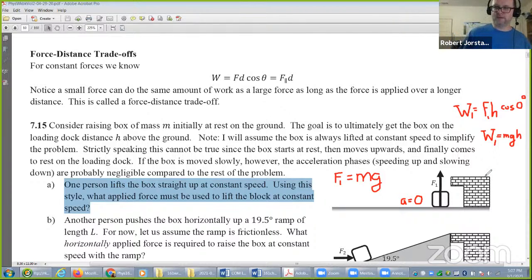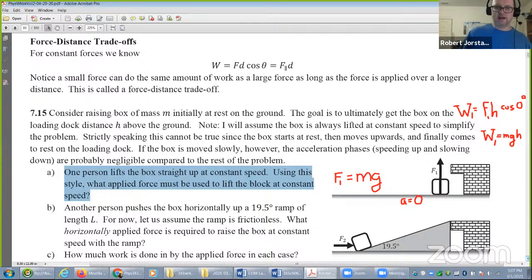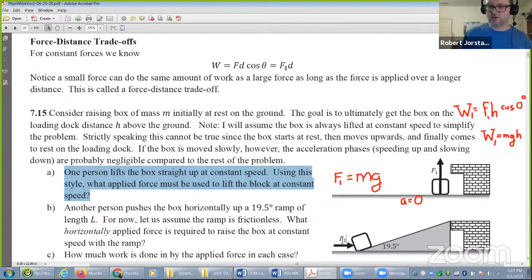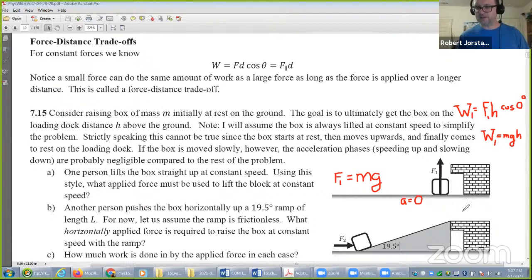Great. Now I'm going to slide this down just a little bit here. Now we're going to have this other case where the person pushes horizontally, and they're at this weird angle. Maybe this isn't obvious to you, but in this case, I should still be able to use this equation.